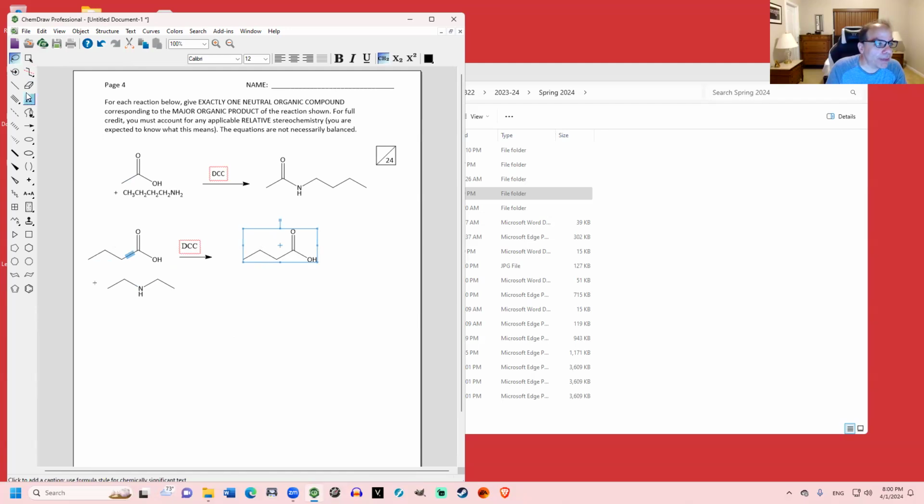So copy out your carboxylic acid. And then just put that nitrogen where the oxygen of the OH was. Notice one of the hydrogens goes away. You lose H and OH. You lose a water molecule when you're doing a DCC reaction. So that would be another example of that reaction.